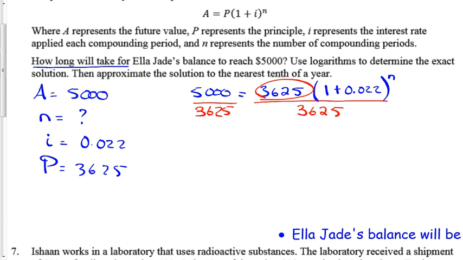And on the left side, I could simplify it or I could put it in decimal form because I'm not working on a calculator right at the moment. Instead, I'm just going to leave it as a fraction. And then the right-hand side, I'll simplify what's inside the brackets to a 1.022, and that's to the exponent n.